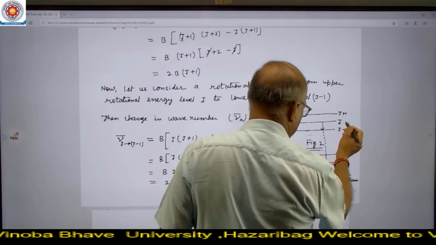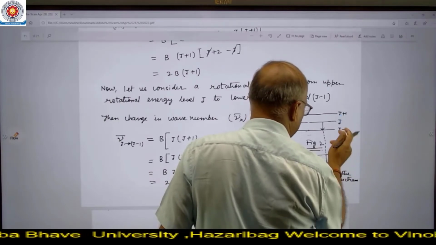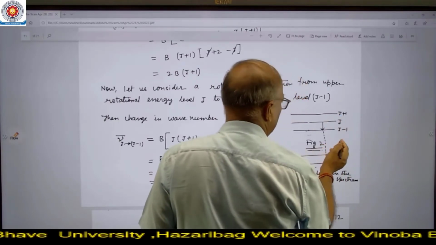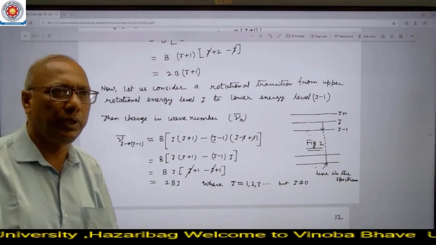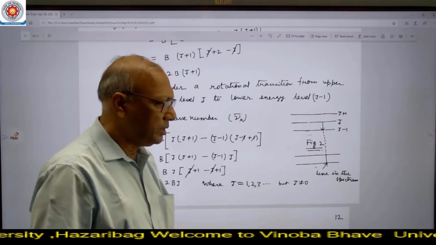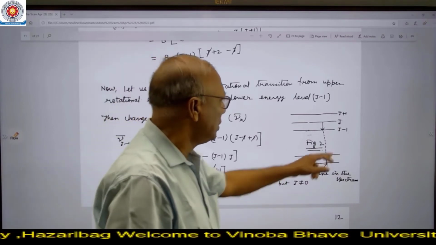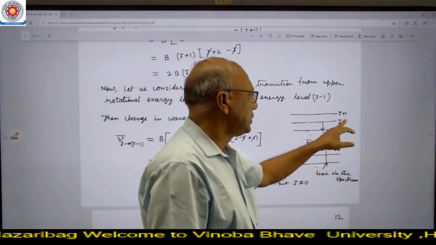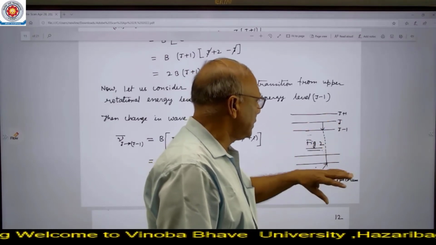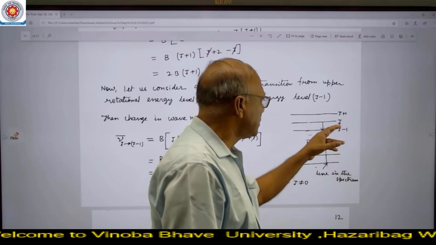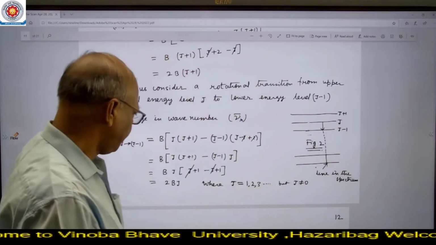Because if J becomes 0, then J minus 1 would be negative, and there are no negative energy levels. The minimum energy level is J equal to 0, so the lower level of this transition cannot be J equal to 0.